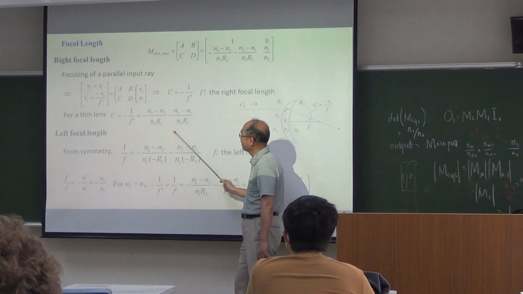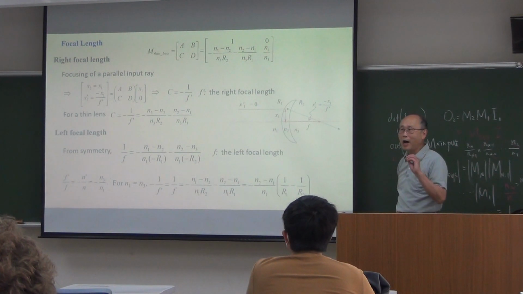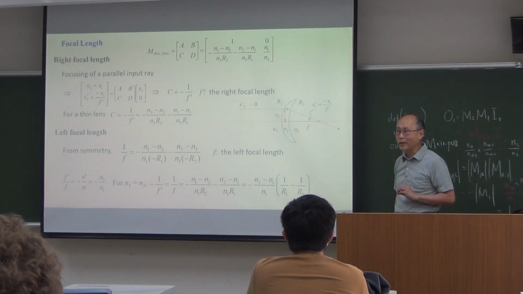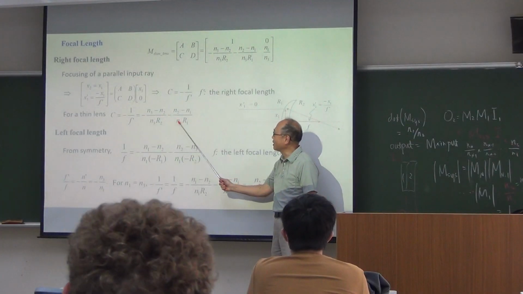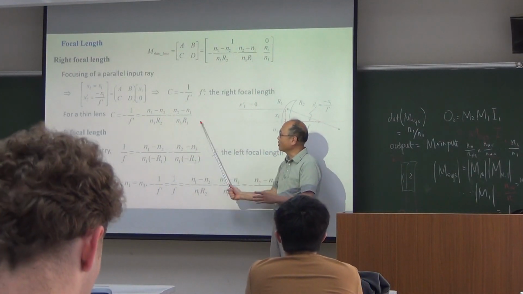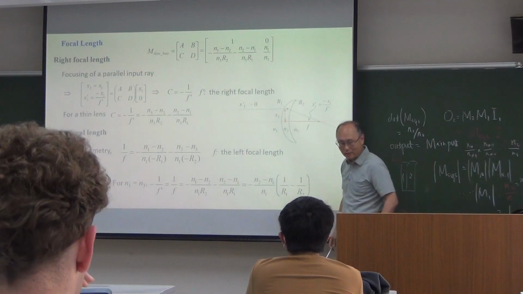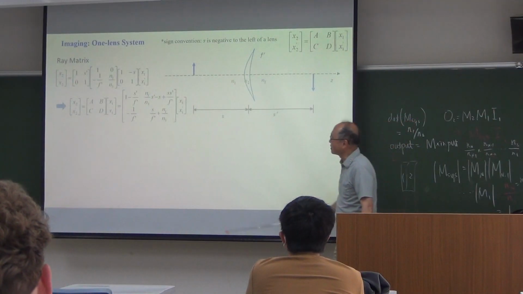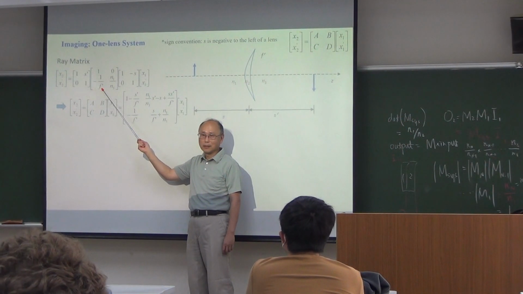It's too tedious. You don't have to know the details of how people make the thin lens. People have to choose the right material and then polish the glass into different radii of curvature. You don't need to know that. You know that it's a lens, so you write it like this. It's a convenience.